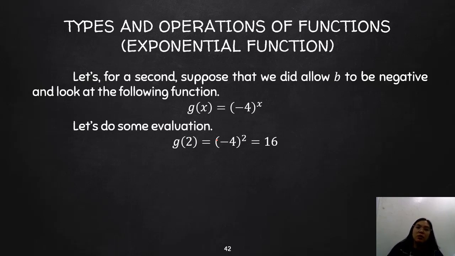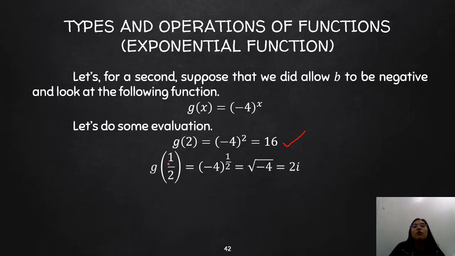So, g of 2 is equal to -4 raised to 2, which is 16. Which is okay, di ba? Okay lang naman yan kasi we get a real number. But, if we try then to get g of 1/2, which is -4 raised to 1/2, that's also equivalent to your square root of -4, we actually get a complex number, which is 2i.